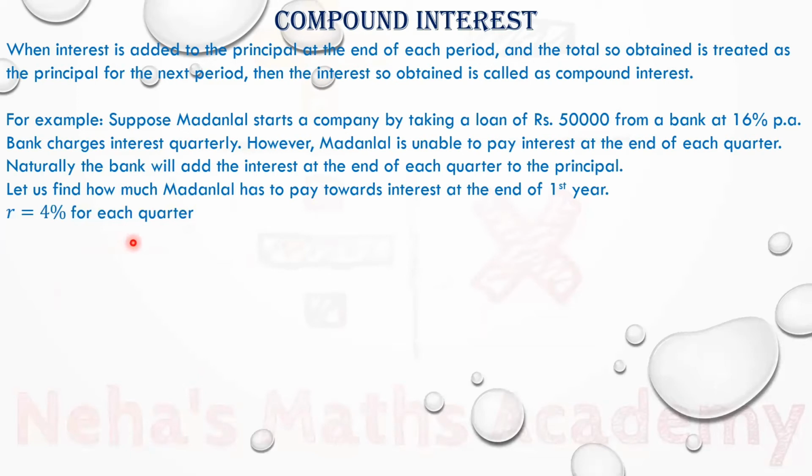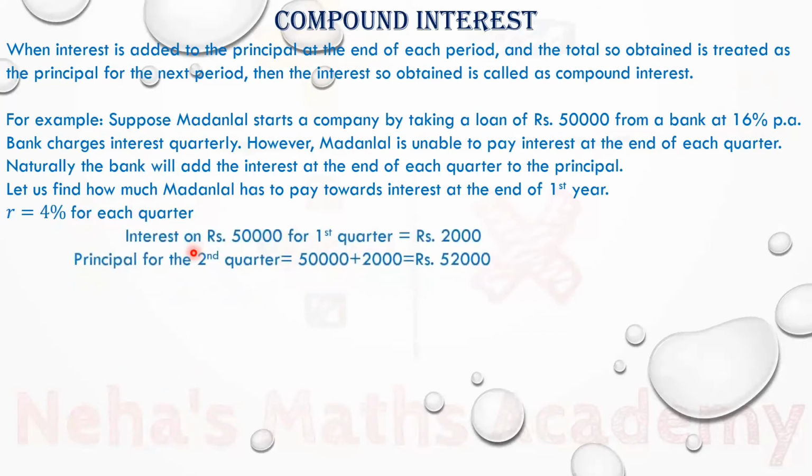R is given to be 4% for each quarter, because 16% per annum, so 4% for each quarter. There are 4 quarters in a year. So interest on rupees 50,000 for first quarter is rupees 2,000. 4% of 50,000 is 2,000. So principal for the second quarter will be 50,000 plus interest on the first quarter.